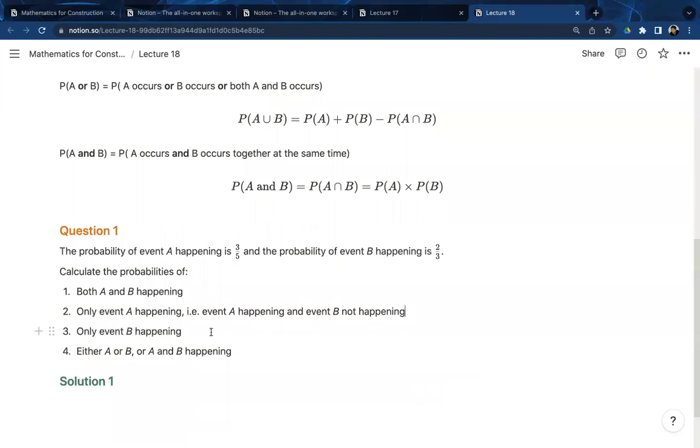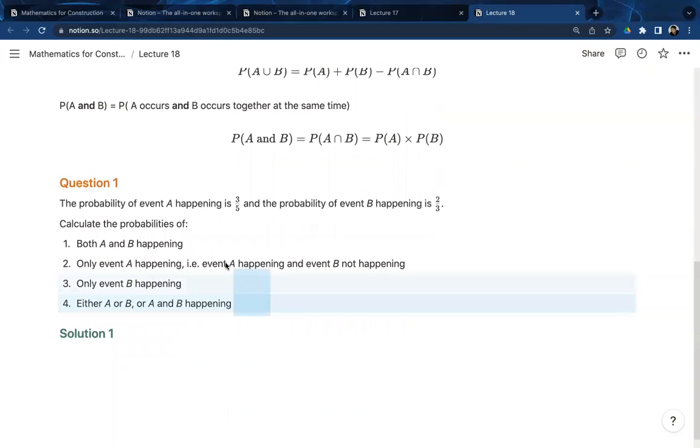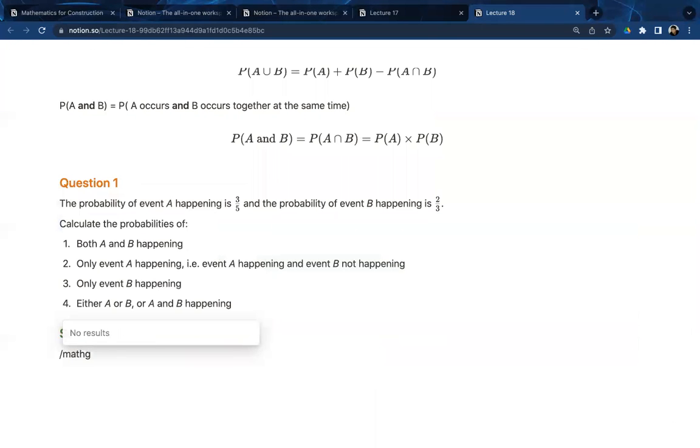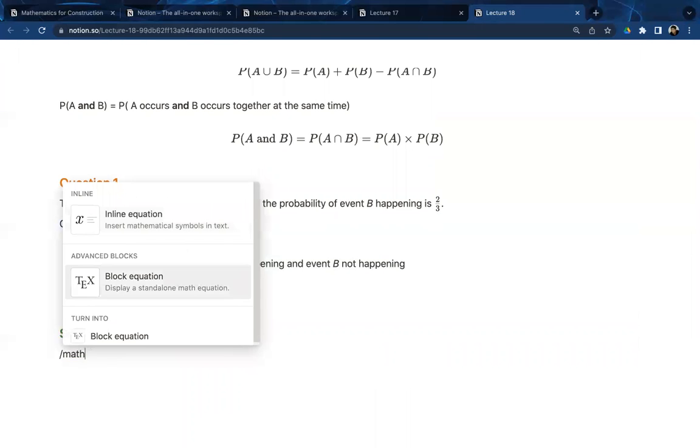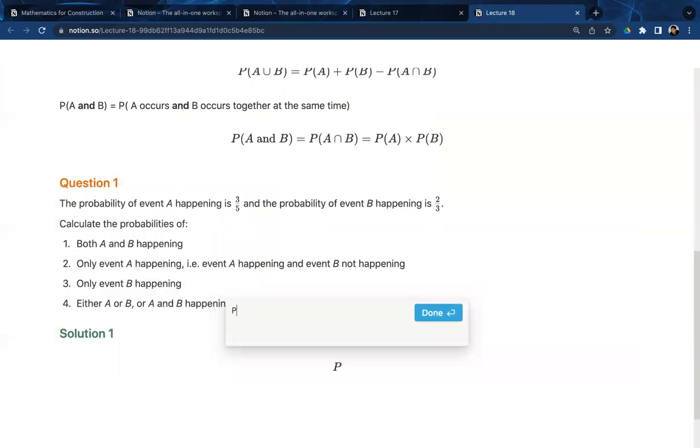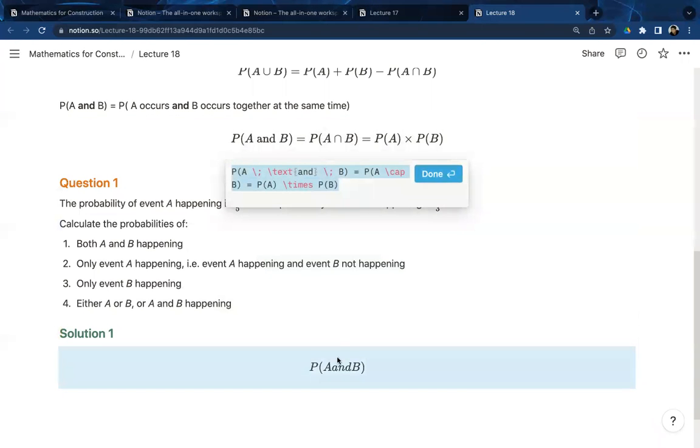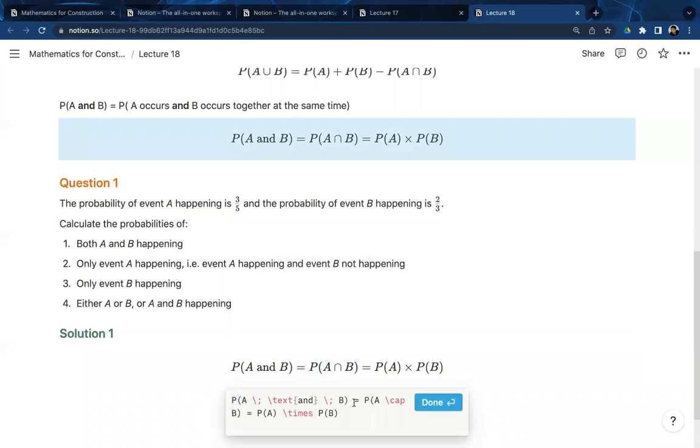So probability of A and B, we multiply the probabilities.